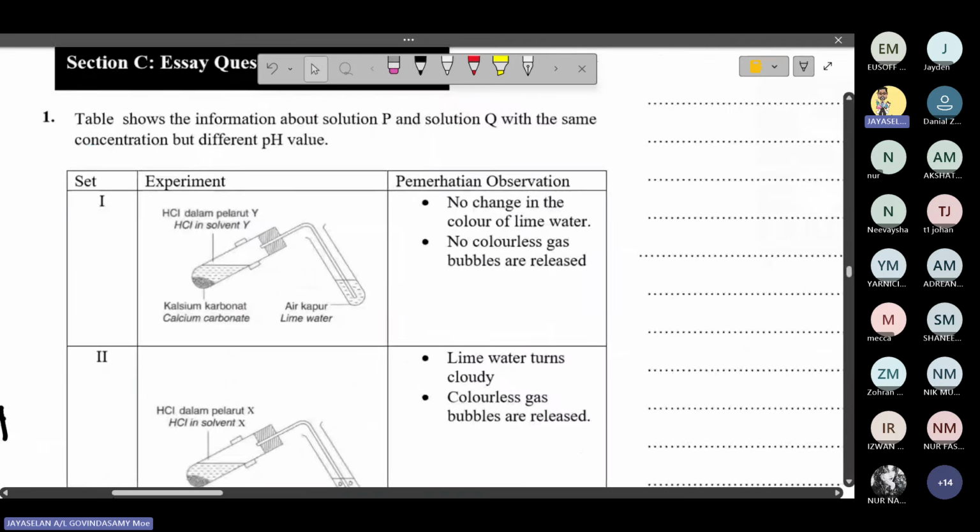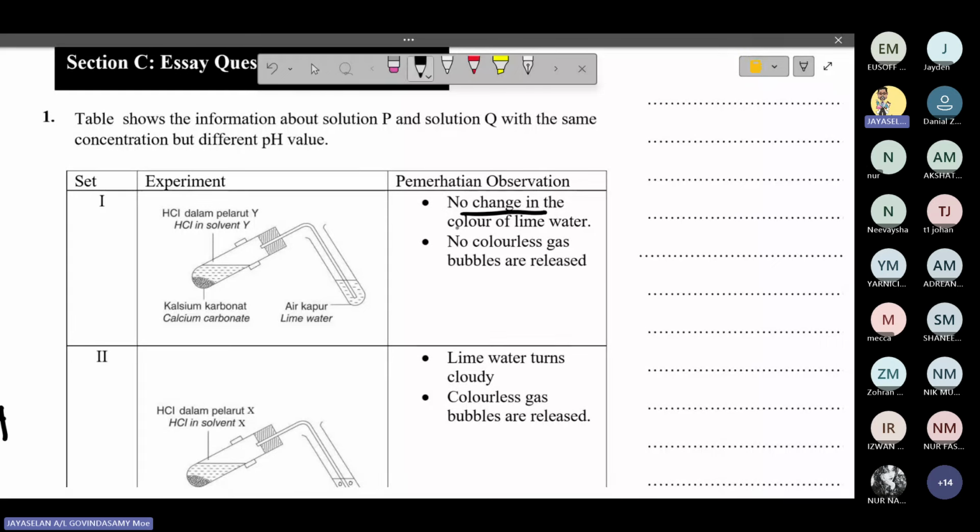In this question, hydrogen chloride in solvent, white, no change of lime water. Lime water does not turn cloudy. No colorless gas bubbles. Or maybe in your exam they put litmus paper and say no changes. The litmus paper, what color? Blue color.